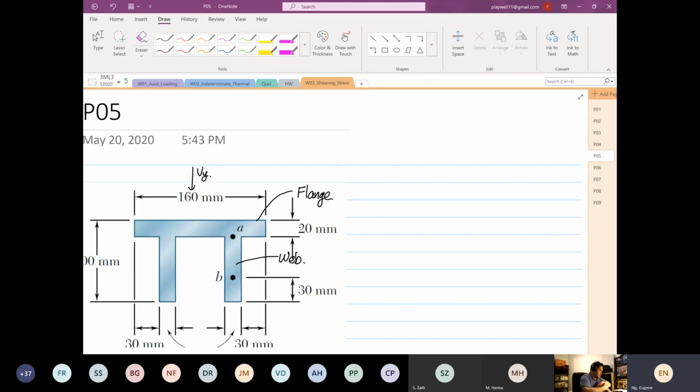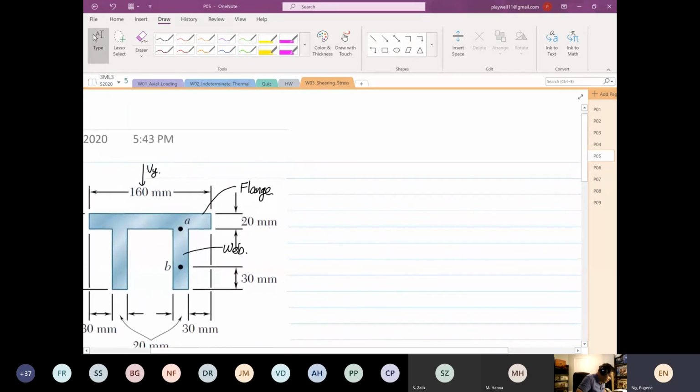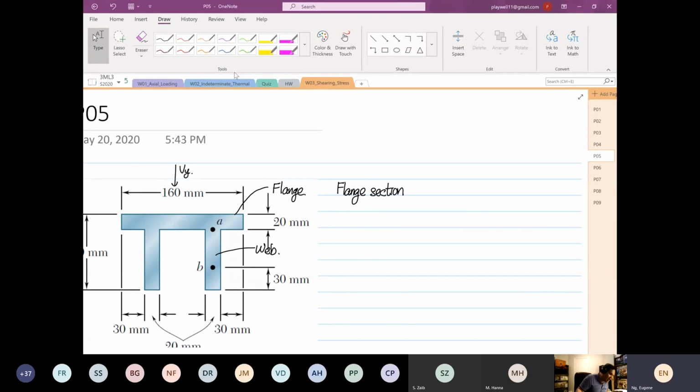Okay. So the first thing we're going to do is set a limit. We're going to look at the flange section. We are just going to focus on the flange section for now. On the flange section, we know that our centroid is over here.